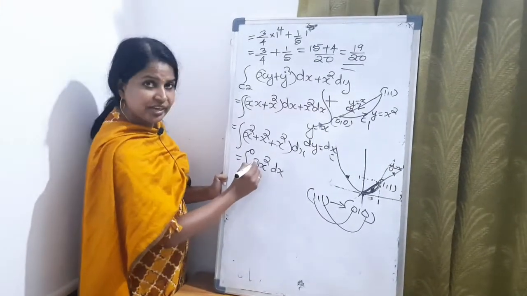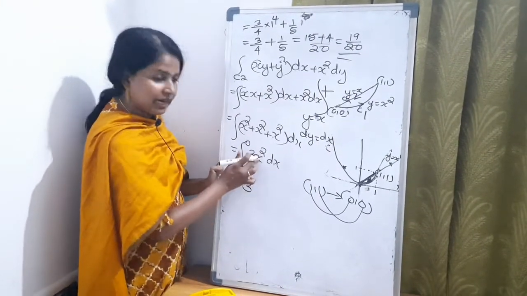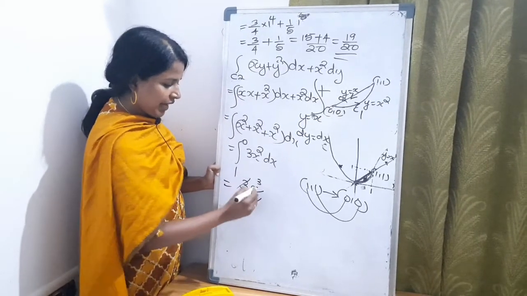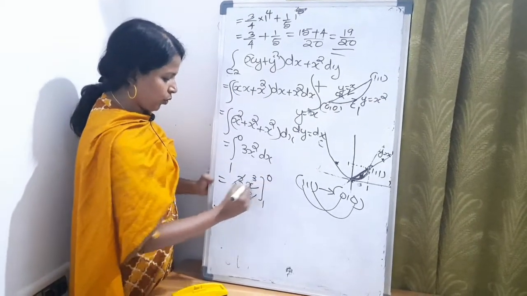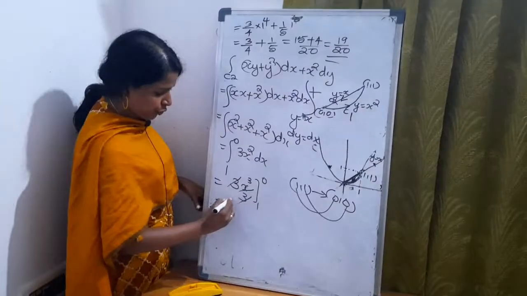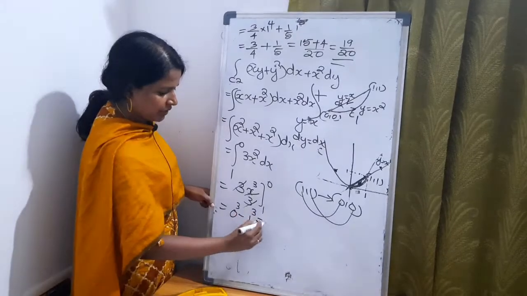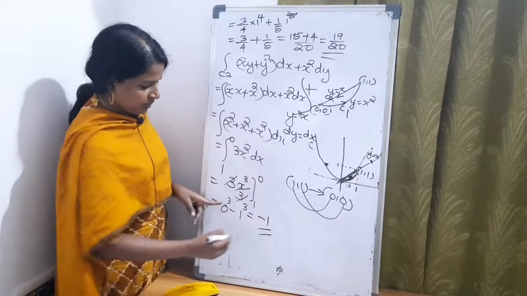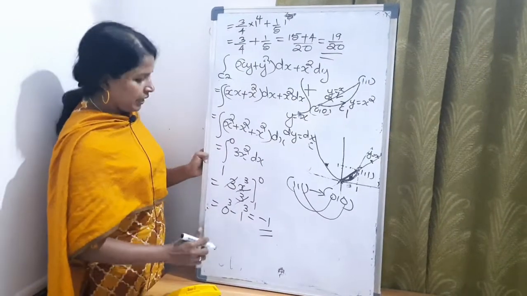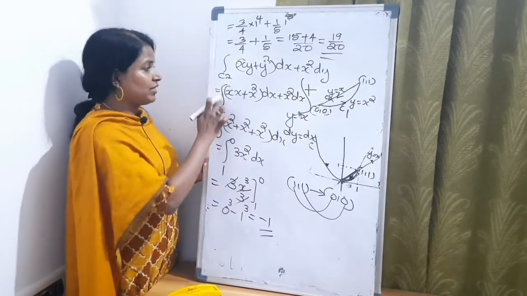First we integrate this term: 3 times the integral of x², which is x³/3, that is x³, with limit 1 to 0. We put the upper limit 0, so 0³ minus 1³, that is 0 minus 1, it's minus 1.